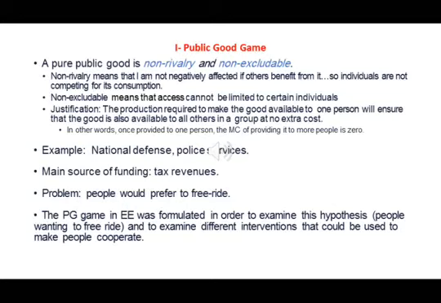This is the problem that most countries face, that people would want to free ride. They do not want to cooperate, they do not want to contribute to this pure public good by paying their fair share of taxes. That's why the public good game in experimental economics was formulated in order to examine this hypothesis that people would want to free ride.